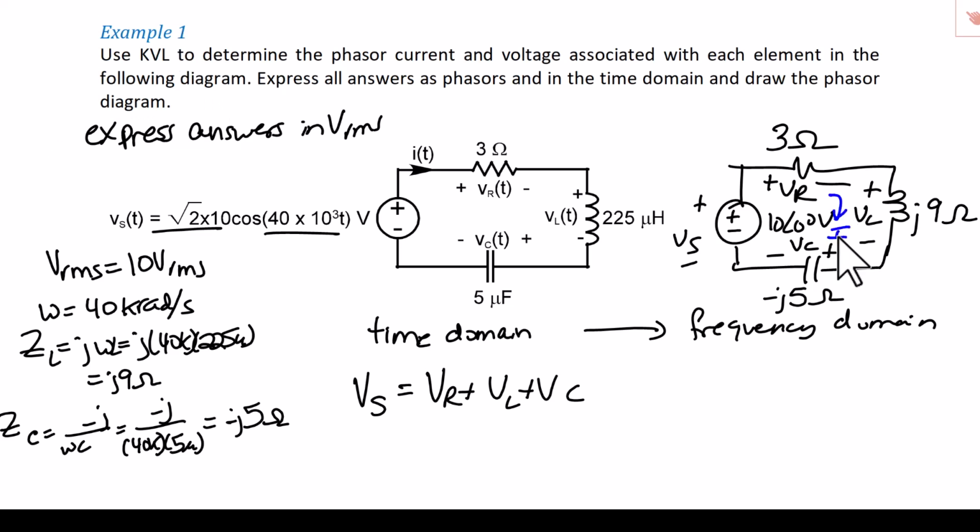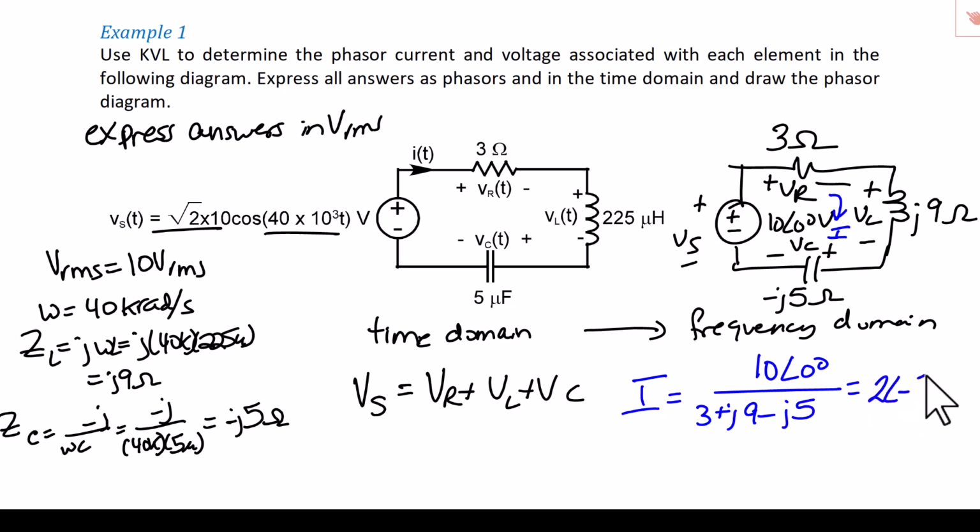So now if we label a clockwise current, I is equal to V over Z. So we're going to have 10 with an angle of 0 degrees over 3 plus j9 minus j5. And this yields a current of 2 with an angle of negative 53 degrees.